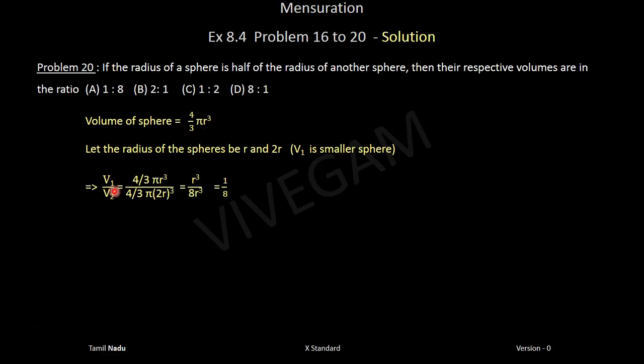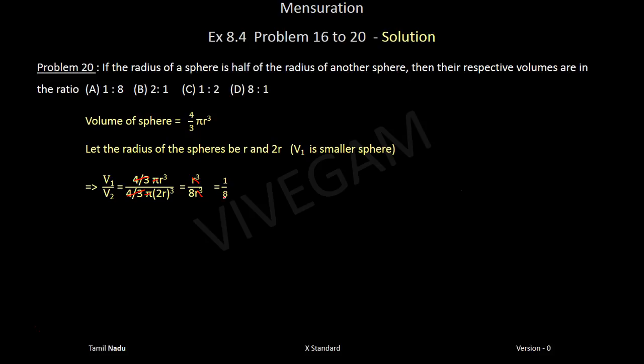So V1 by V2 will be 4 by 3 pi into the radius of the small sphere, that is r cubed, divided by V2, 4 by 3 pi and the radius of the second sphere. The radius of the second sphere is 2r, so it will be 2r cubed. Am I right? Now you can cancel this 4 by 3 and pi also. So this will be r cubed by 2r the whole cubed, which is 8r cubed. So 8r cubed and r cubed will cancel.